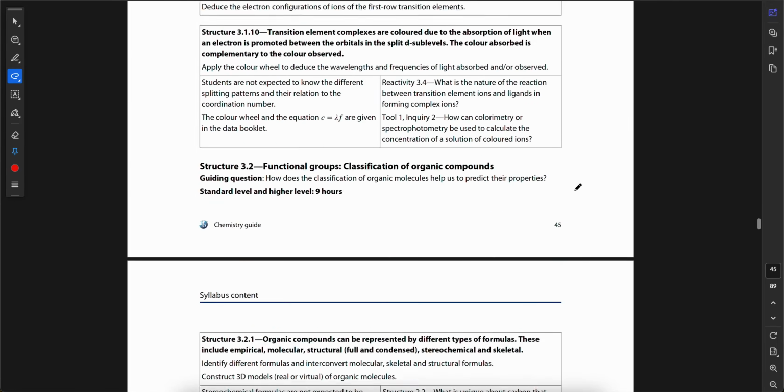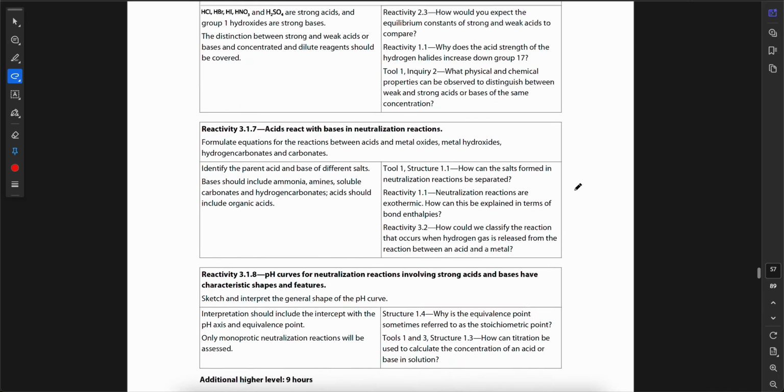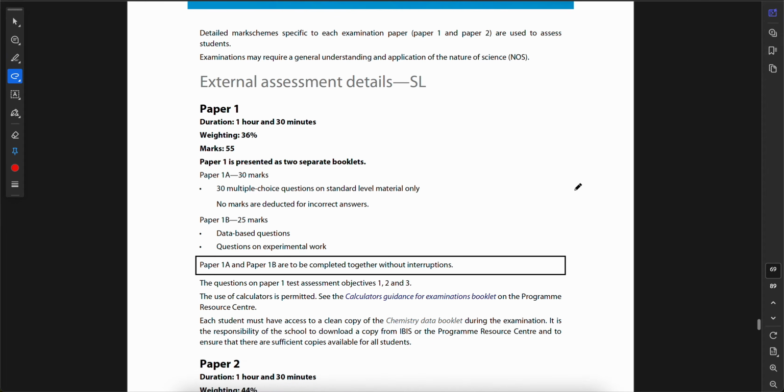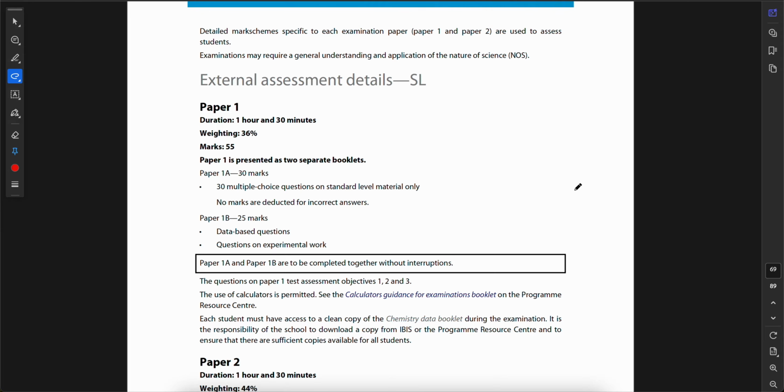Right now, let's talk about the external assessment. Okay, so in the external assessment, there are 2 papers, paper 1 and paper 2. These exams will take place at the end of your IB program.